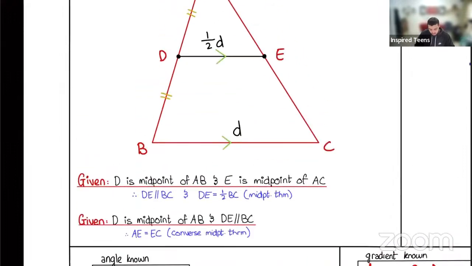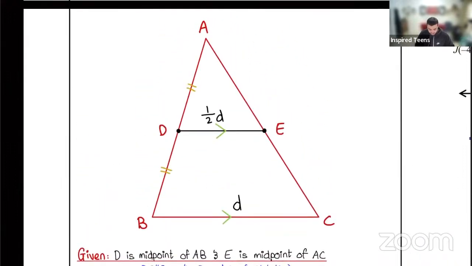So D is the midpoint of AB, and E is the midpoint of AC, meaning AE is equal to EC. So AD equals DB and AE equals EC. Please keep in mind, AB does not necessarily have to equal AC. They could be different in length.